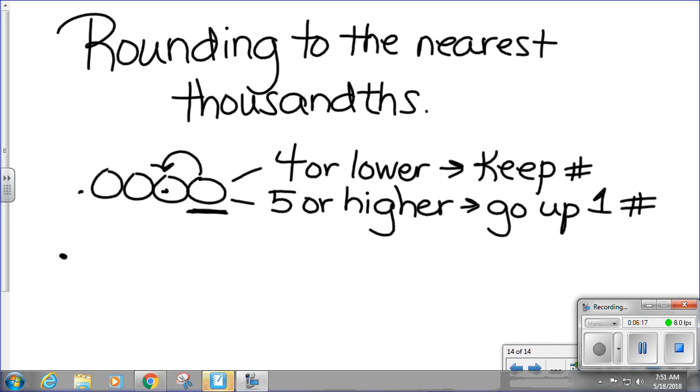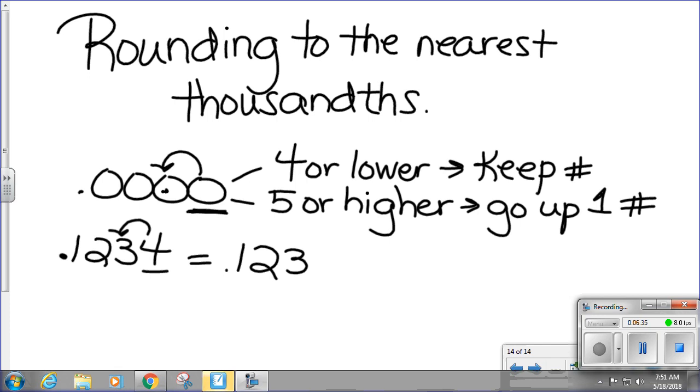Let's say I'm dividing and I get 1, 2, 3, 4. Just making up an example. I underline that 4. It tells me to do what with the 3? Keep it. So this would round to decimal 1, 2, 3. You do not put anything behind that 3. Don't put a 0.